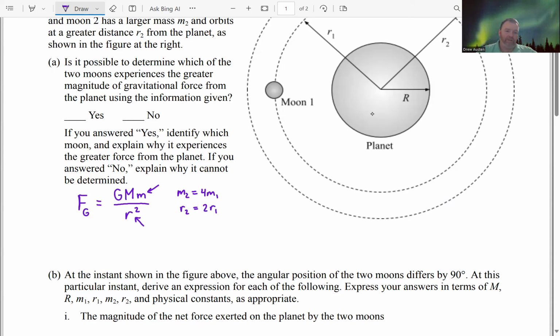If that was the case, you can see that the numerator increases by a factor of 4 when you're talking about Moon 2 compared to Moon 1, but the denominator also increases by a factor of 4 since that 2 would be squared.